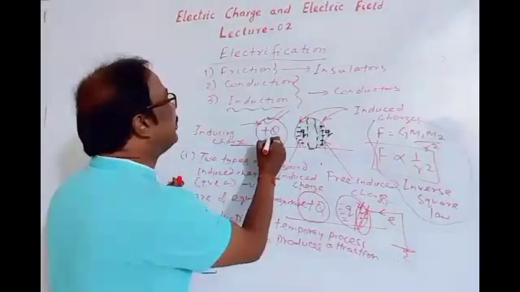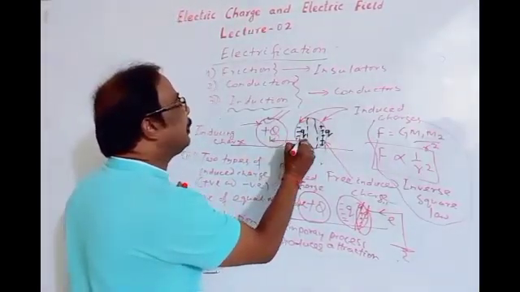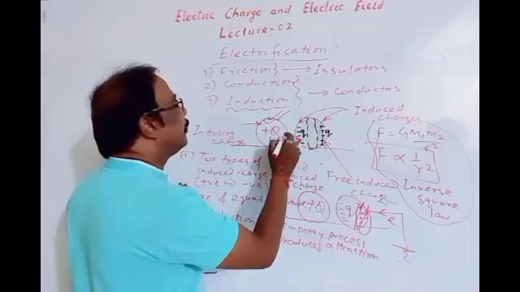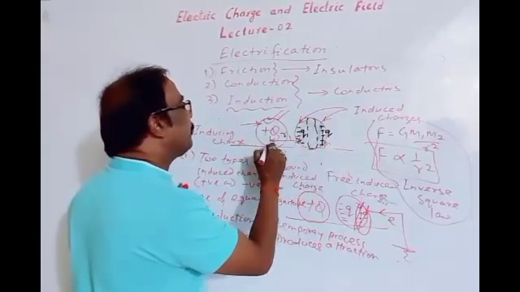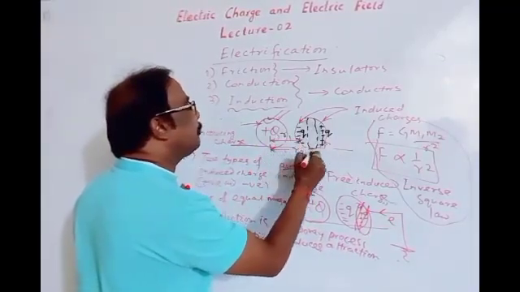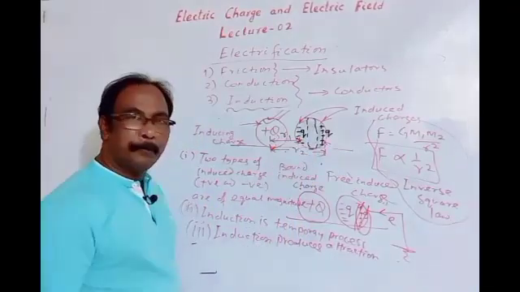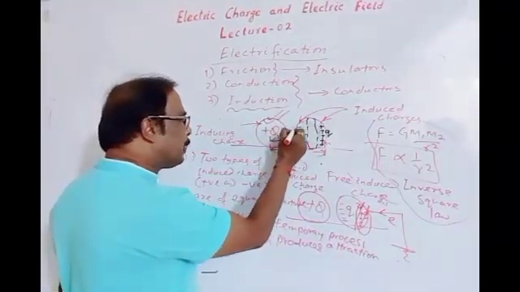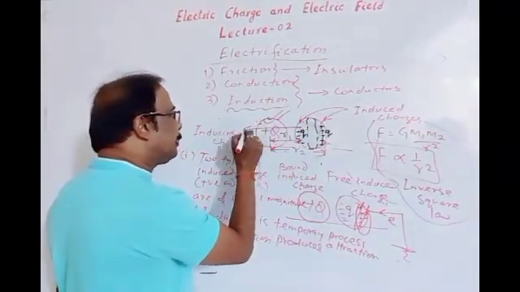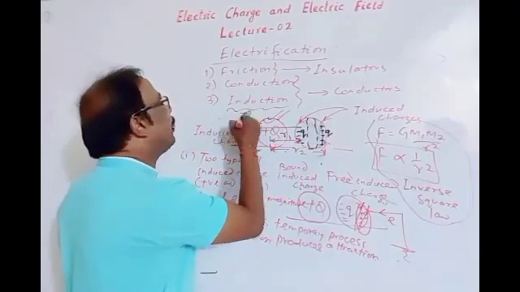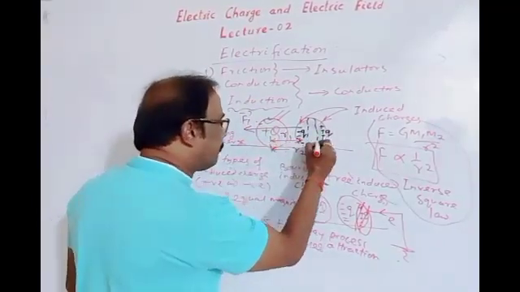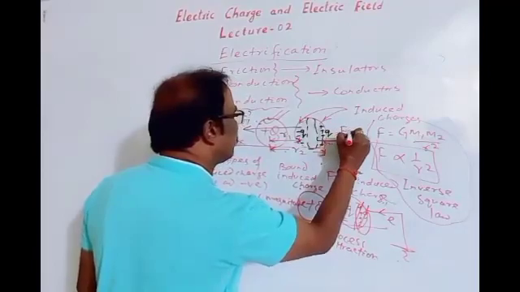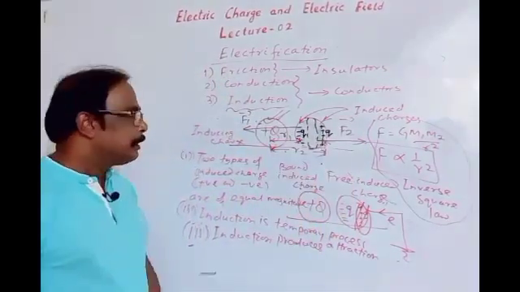Okay, let's see. Between positive and negative charges, let distance be r1, and between similar charges, positive and positive, distance is r2. Then this positive charge attracts this negative charge, let force be F1. This positive charge repels this positive charge, let force be F2.